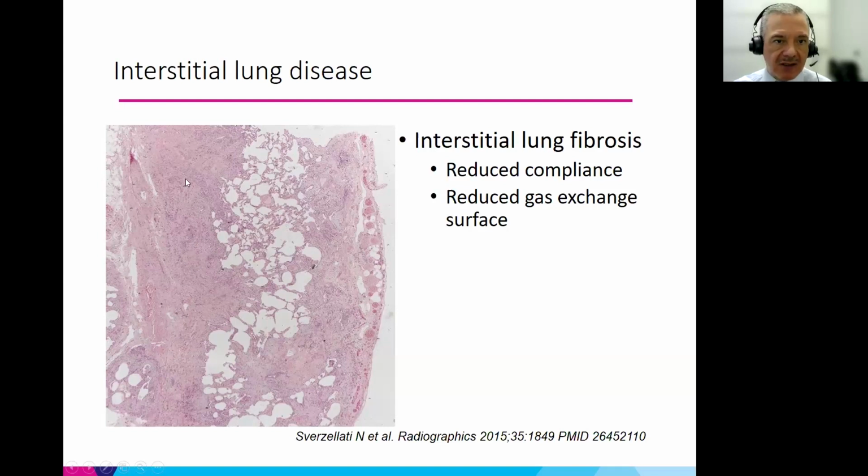All of these blue dots are inflammatory cells, and all this pink material is collagen from the fibrosis. So that's a common characteristic of these diseases that groups them together. So this again is relatively normal lung here, and this is very abnormal lung in an interstitial disease.